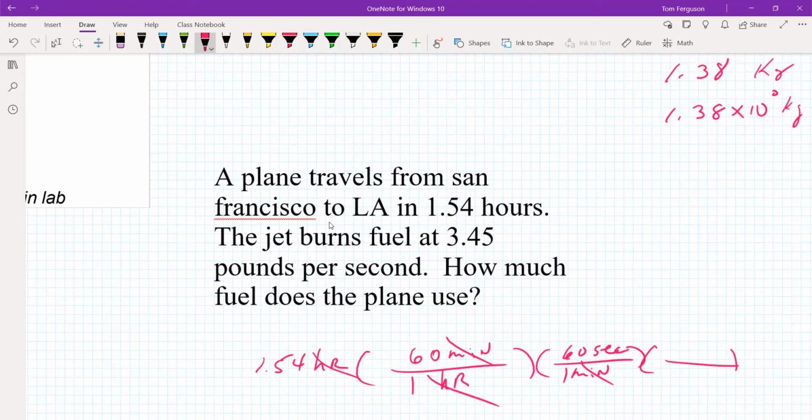The seconds, because it's got to cancel. This means we can have .345 pounds per second or second per 345. So which one to use? Okay, first one, yes, because the seconds have got to cancel.